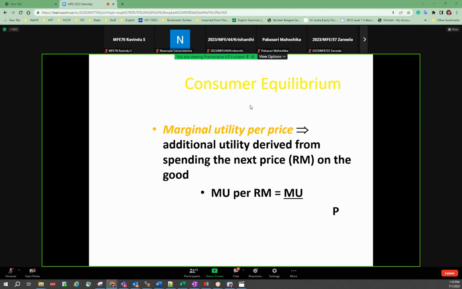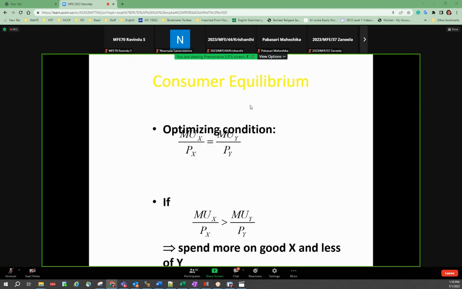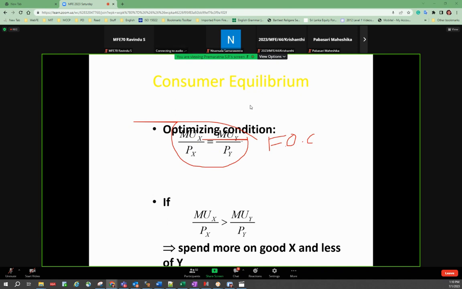So there is the condition, what we call the first order condition, like we discussed: the marginal utility per dollar has to be equal.